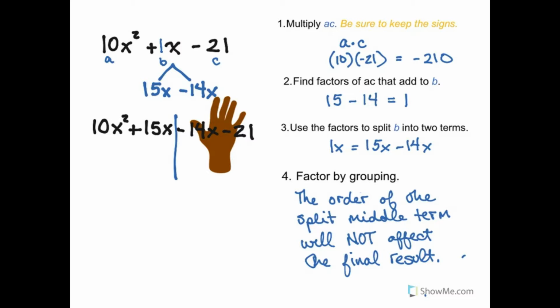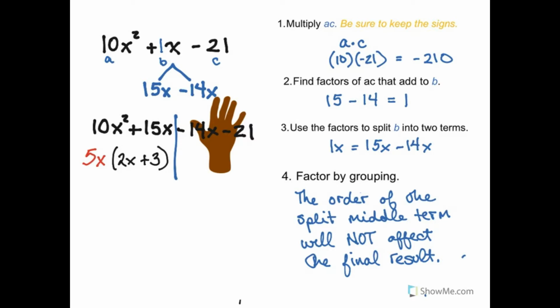Well, let's cover up the second half and factor the first half. 10 and 15 have a common factor of 5, and x squared and x have a common factor of x. When I divide 10x squared by 5x, I have 2x, and 15x divided by 5x is positive 3.